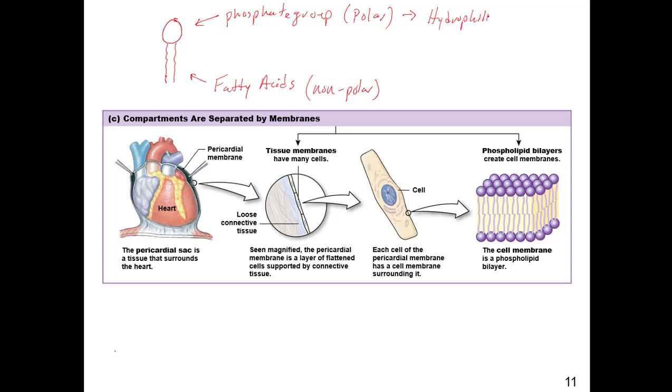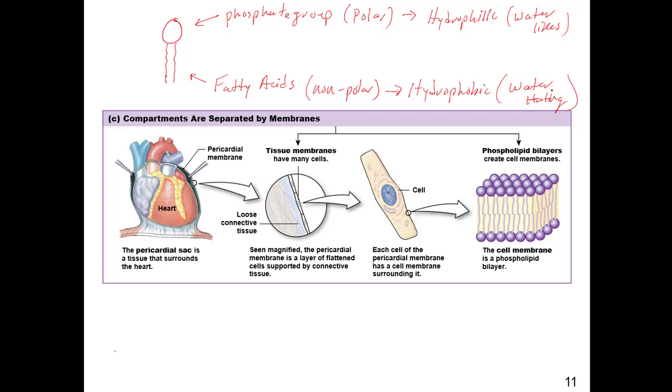So this end of the molecule is hydrophilic, meaning it likes water. The other end, the fatty acid end, is called hydrophobic. And this means water hating. Sounds harsh, but you can think of it as water disliking. It does not like to be around water.